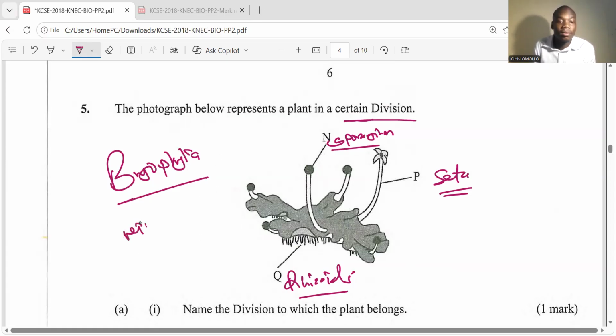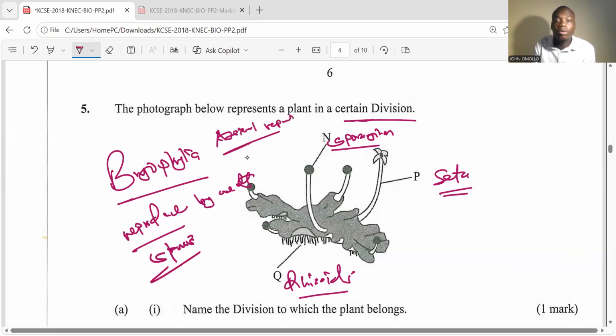They reproduce by use of spores. So that is asexual reproduction, called sporulation, where the role of the sporangium is to protect the spores. Are you getting that? They surround the spores.